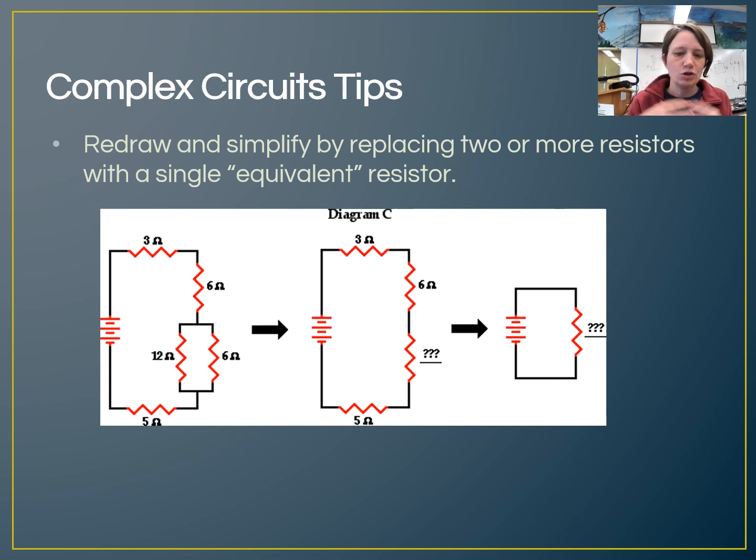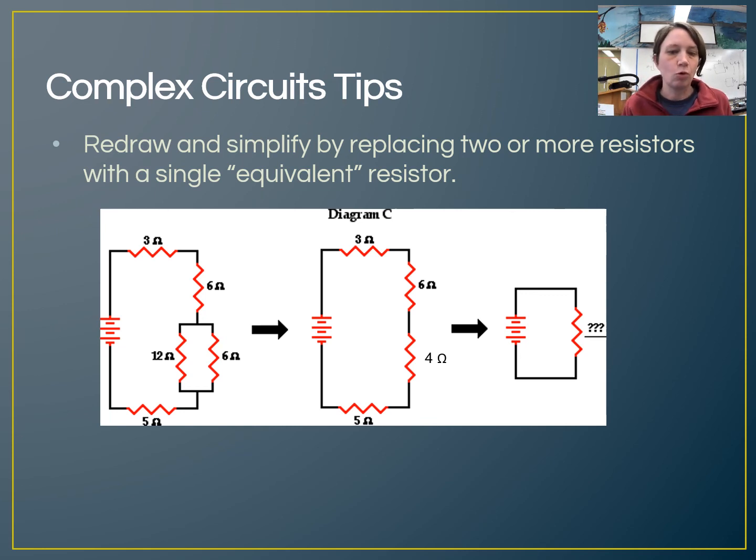And I would use my parallel resistance equation to figure out what the value of that single resistor should be. So 1 over 12 plus 1 over 6 gives you 0.25. 1 over 0.25 gives you 4 ohms. So this second diagram is an equivalent diagram where I've removed a parallel portion and replaced it with a single 4 ohm bulb with an equivalent resistance.